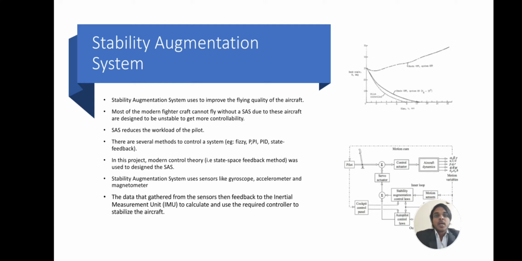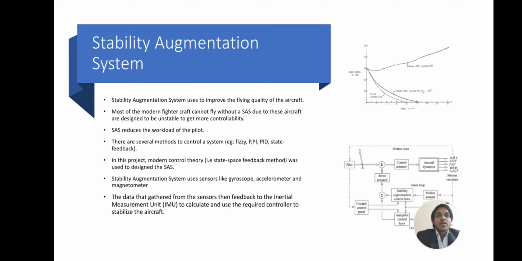Let's talk about the stability augmentation system. When an aircraft does not meet the flying quality and handling quality requirements, the control characteristics of the aircraft are artificially modified using internal computers to meet the required characteristics. This is called a stability augmentation system. Stability augmentation systems use sensors like gyroscopes, accelerometers, and magnetometers to calculate unnecessary linear and rotational movement, and damp out those movements by using the aircraft controllers.